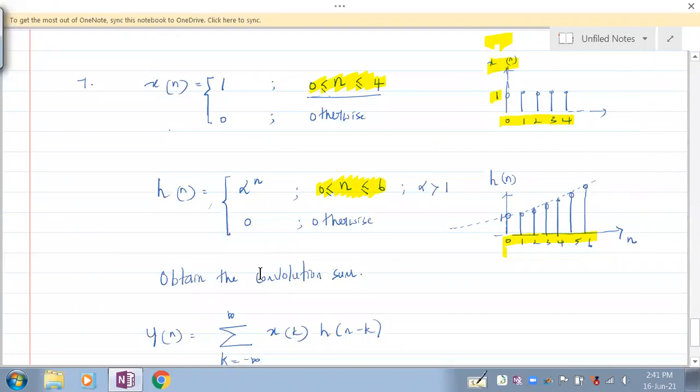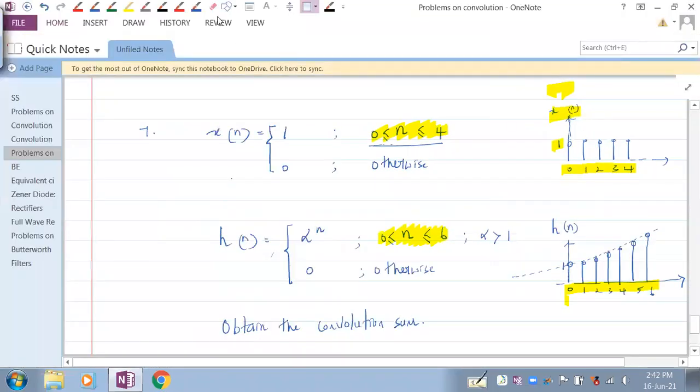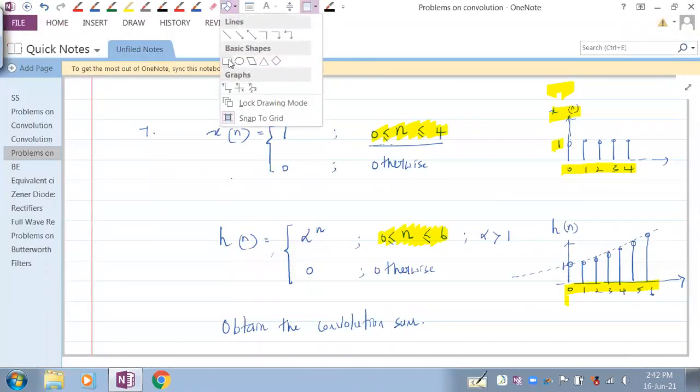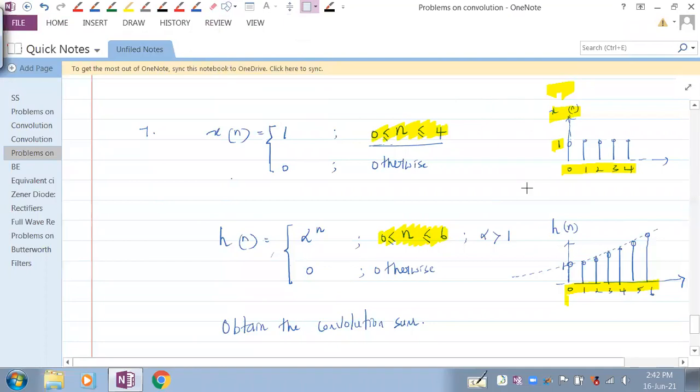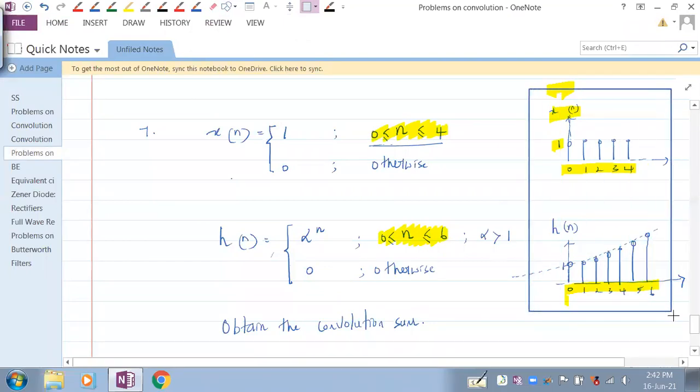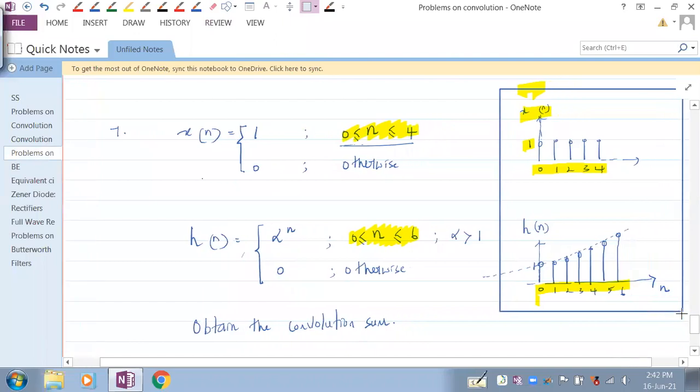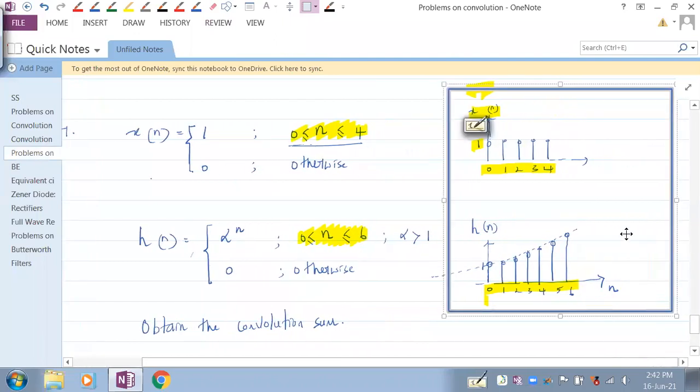They are asking us to obtain the convolution sum of these two signals. So we have sketched that and we are seeing how they look. Understand, this is only for your reference, mind you. With respect to n, we have sketched this.